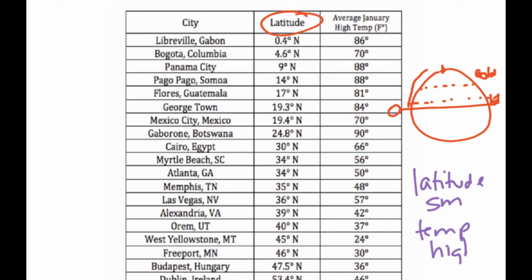If I was to graph this, at 0 at my equator it's going to be a high temperature, and as I get a higher latitude, meaning closer to the North Pole, it's going to be a smaller number. So this is going to show negative correlation. If you look at what your calculator says, it has a negative slope, and that's because this is negative correlation.